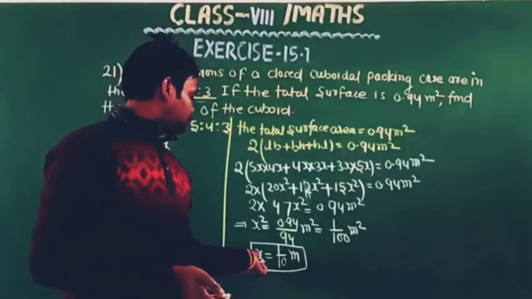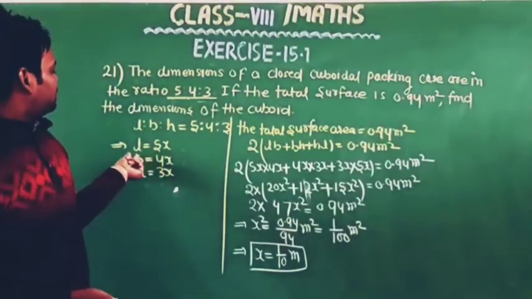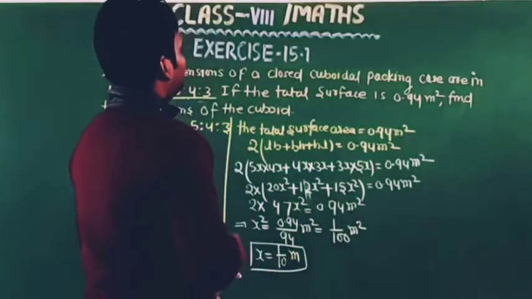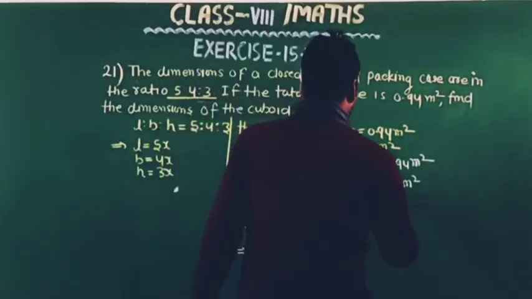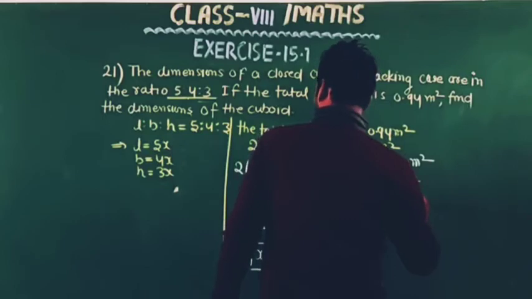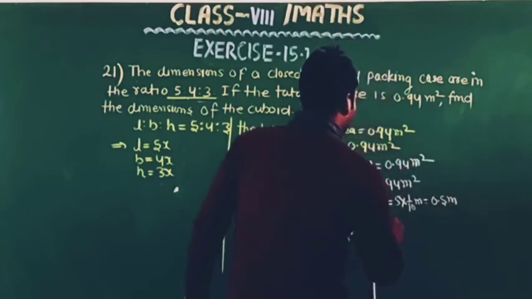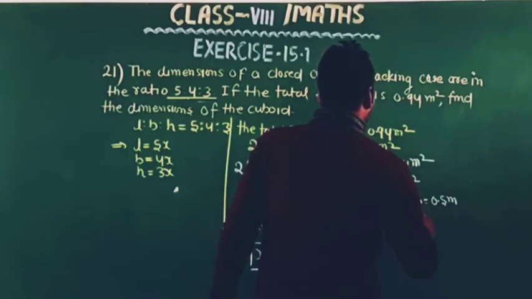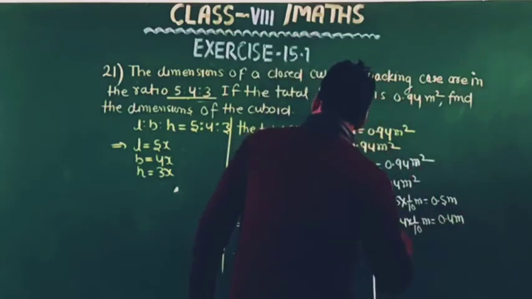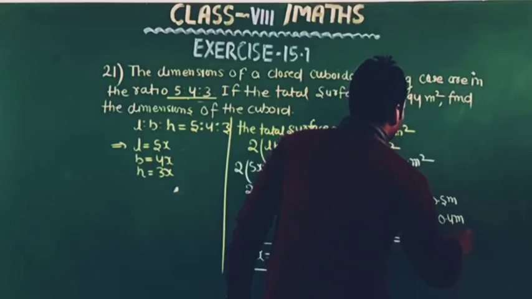After substituting the value of the variable x in the expressions for length, breadth and height, we will get the required dimensions of the closed cuboidal box. So length equals 5 into 1 upon 10 meter, which is 0.5 meter; breadth equals 4 into 1 upon 10 meter, which is 0.4 meter; and height equals 3 into 1 upon 10 meter, which is 0.3 meter.